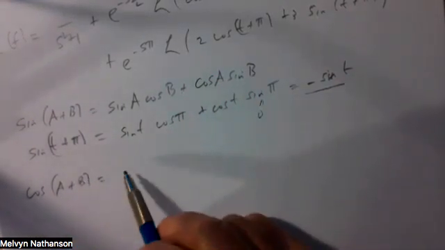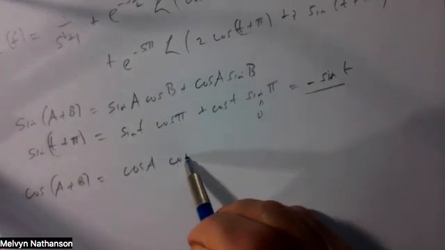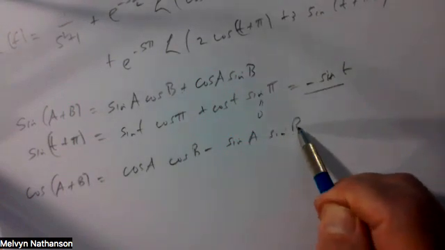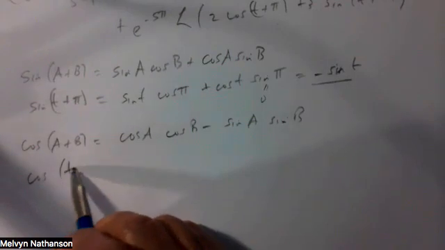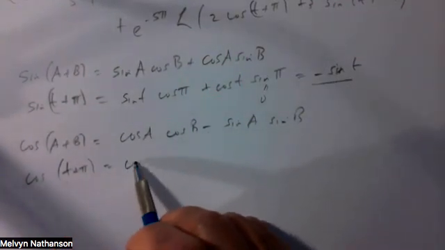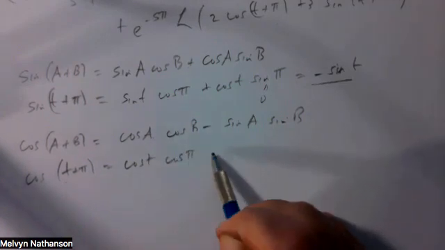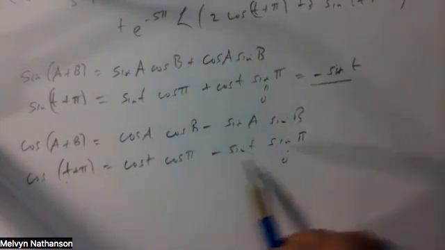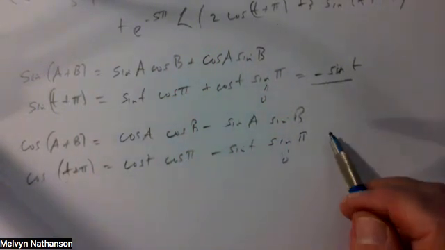And the cosine of the sum of two angles is the product of the cosines minus the product of the sines. So the cosine of t plus pi, with A equal t and B equal pi, is cosine t cosine pi minus sine t sine pi. Again, sine pi is 0, cosine pi is minus 1.